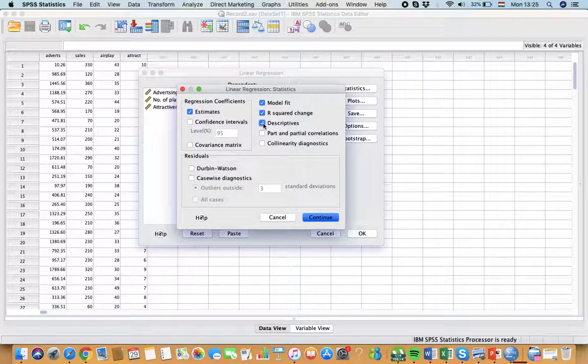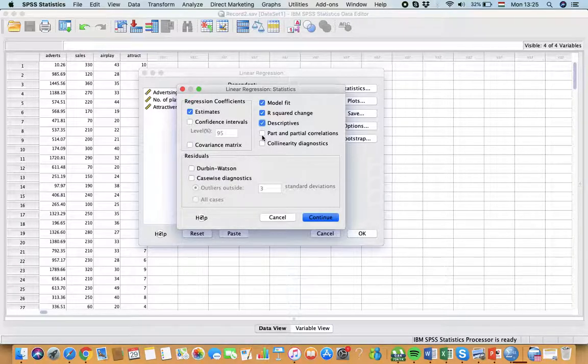But it also gives us a correlation matrix, which can be used to assess whether the predictors are interrelated, so whether there is a high correlation or not, which helps us to define whether there is collinearity or not.